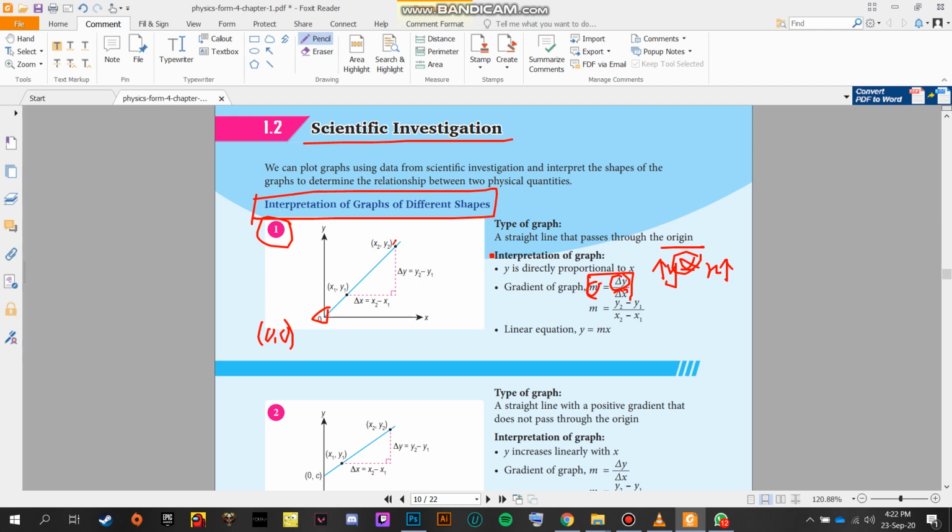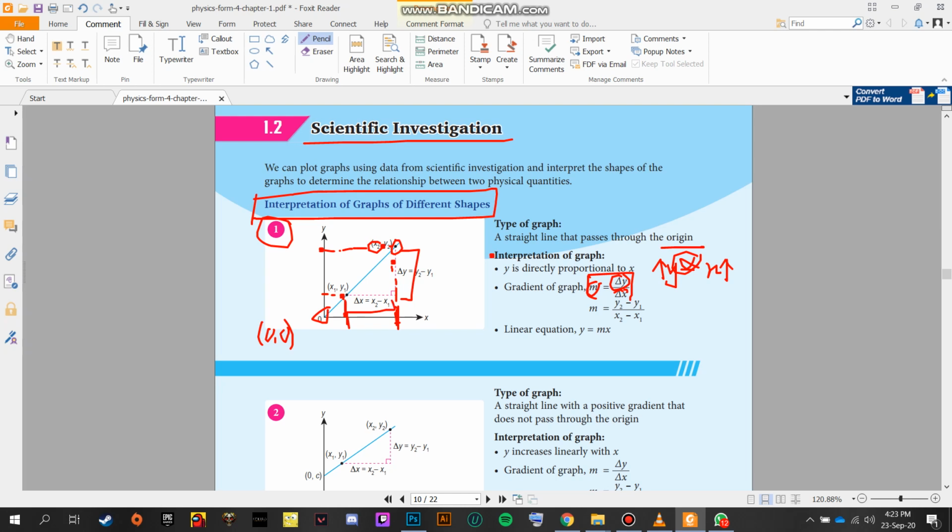We take this one to be y2 here, and y1 here, and we also take here as x2, which is this part, and x1, which is this part. So when you find the coordinates, you can just take y2 minus y1 over x2 minus x1. When y2 minus y1, we actually will get this part, and when x2 minus x1, we will get this part down here.